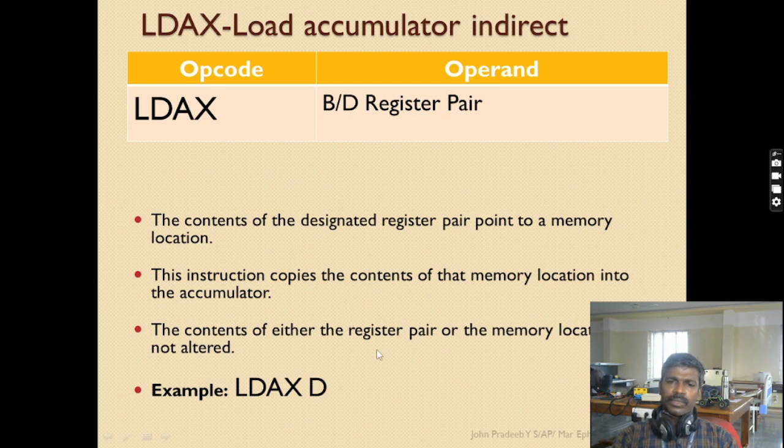For example, LDAX D means DE is the register pair. From DE we take the 16-bit address, go to the memory location, take the data from that location, and move it to the accumulator.